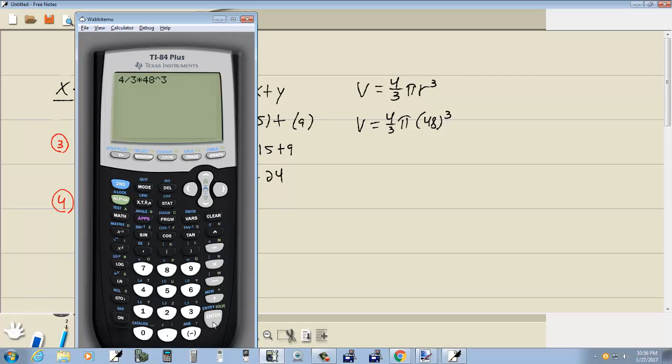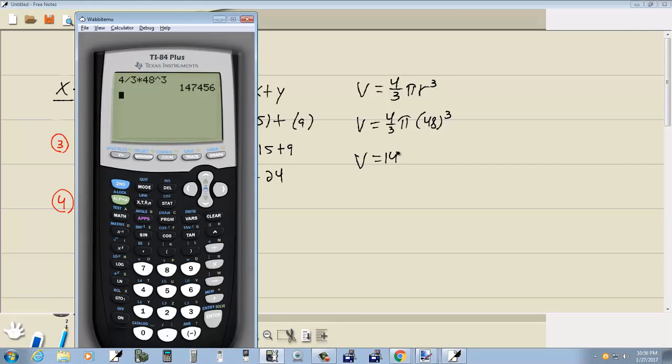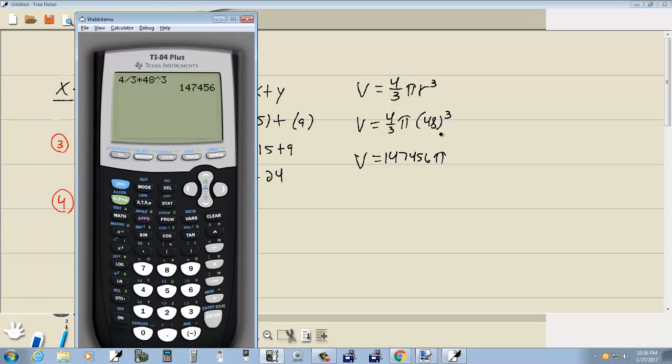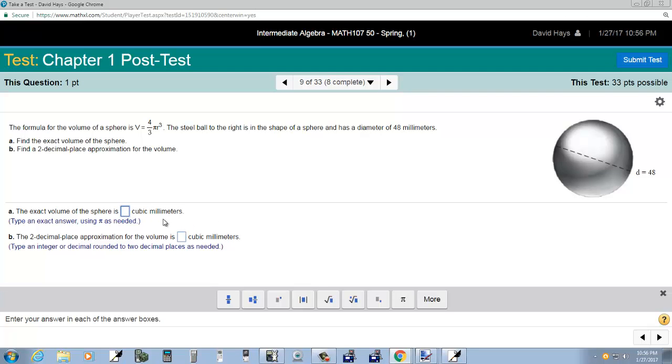So 48 to the third. Press enter. 147,456 pi.